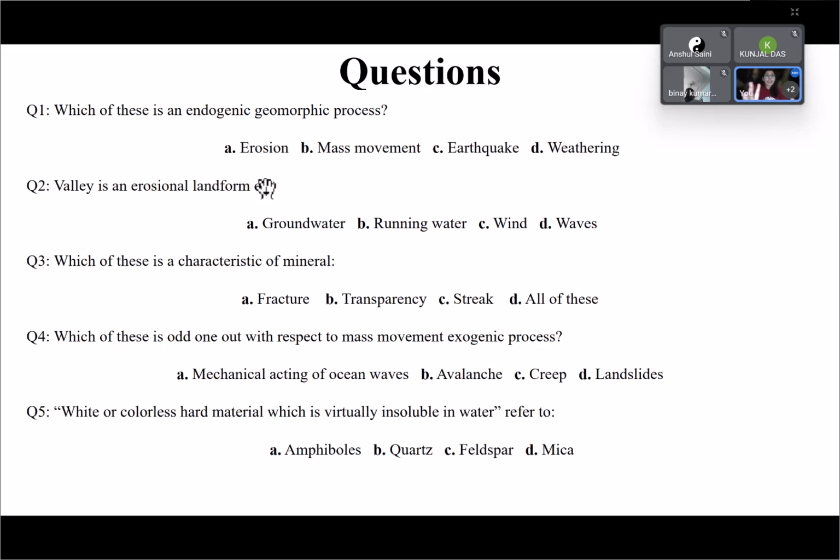You can be given the agent and asked what kind of landform is built. Or you can be told this is the agent and this is the landform, but what kind of landform is this? Or it could be this is the agent, this is the kind of landform I'm talking about, erosional, what kind of landform do you think will be made? So there are 3 layers to this particular topic.